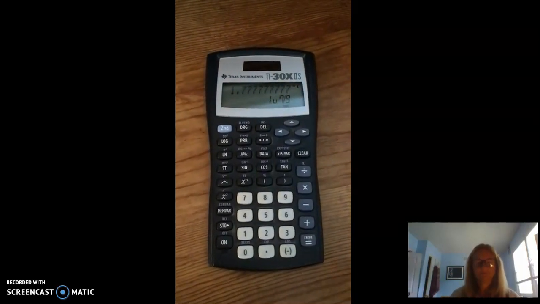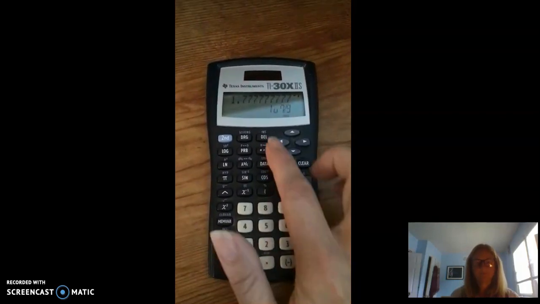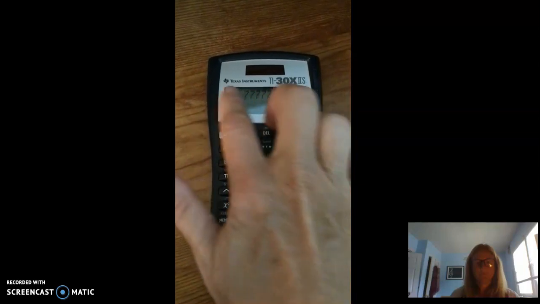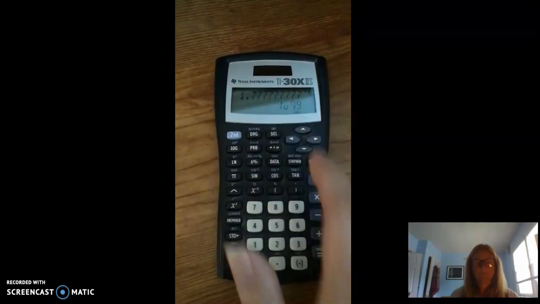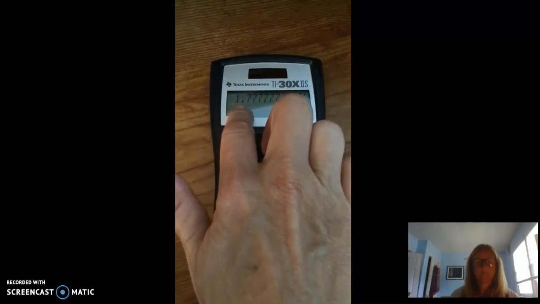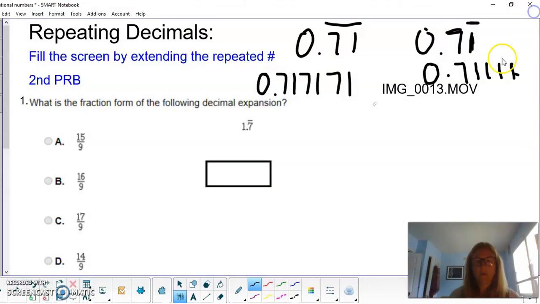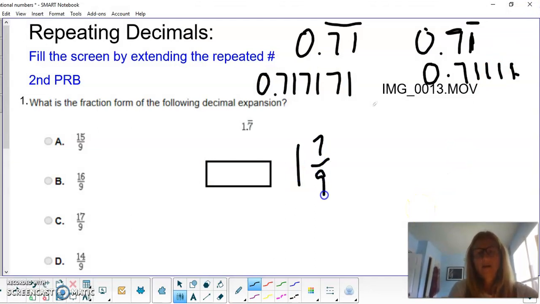So that works for any repeating decimal. Now, if it gives you the decimal back sometimes, just go back and add a couple more digits. But usually if you take it to where the whole number disappears and you're up to the decimal, that should be good, right? Okay, so you can see here, we got 1 and 7/9.